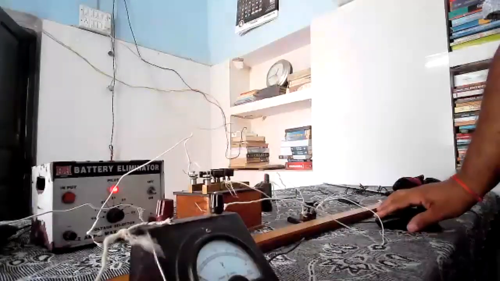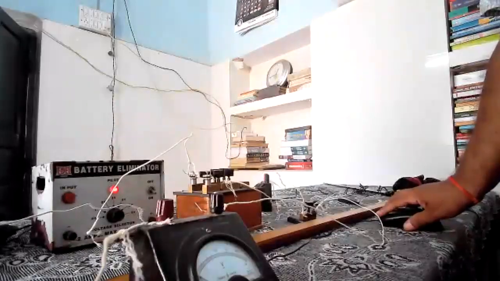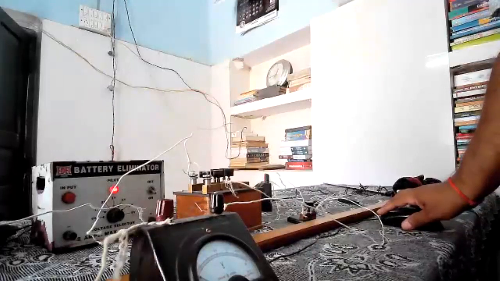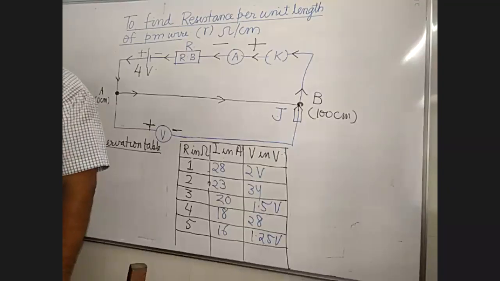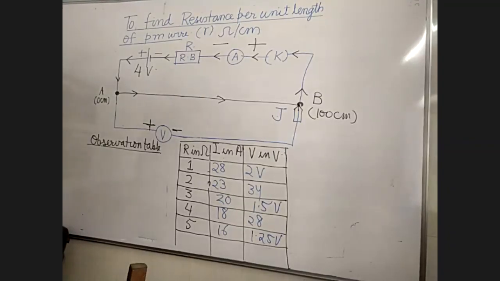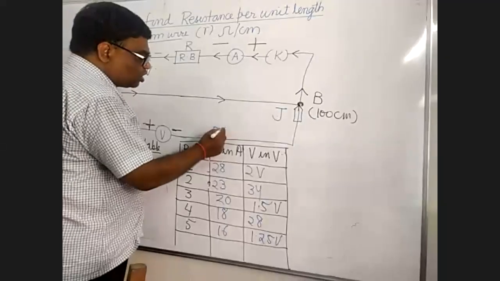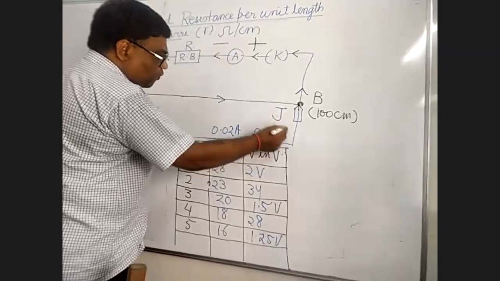Now after this, what will you do? So you see here on the board. How will you do further? We will convert them into exact values. The emitter's least count is 0.02 and the voltmeter's least count is 0.05.